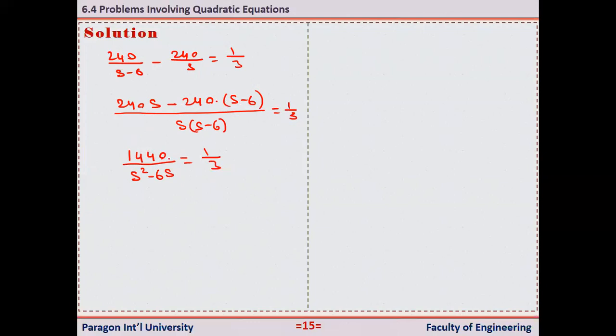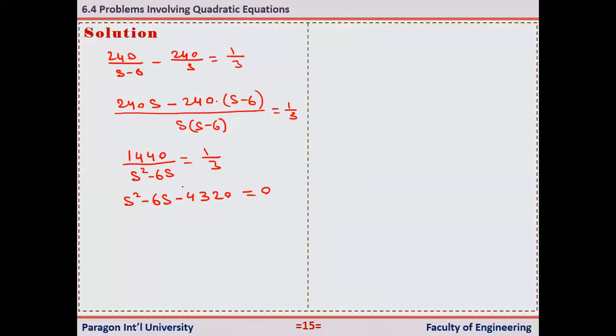Now if we cross multiply and take this to the left hand side, we get s squared minus 6s, and 3 times 1440 is 4320, and it is changing side, so minus 4320 is equal to 0.